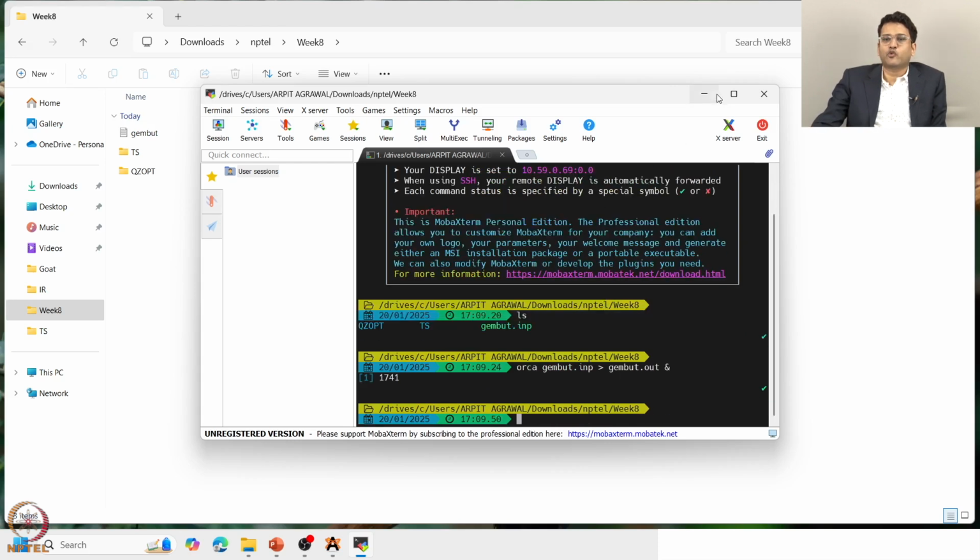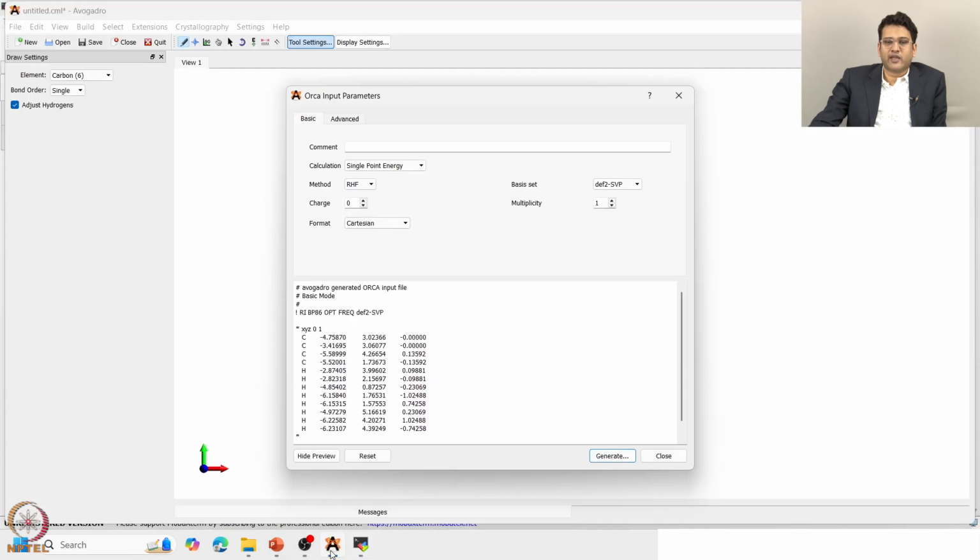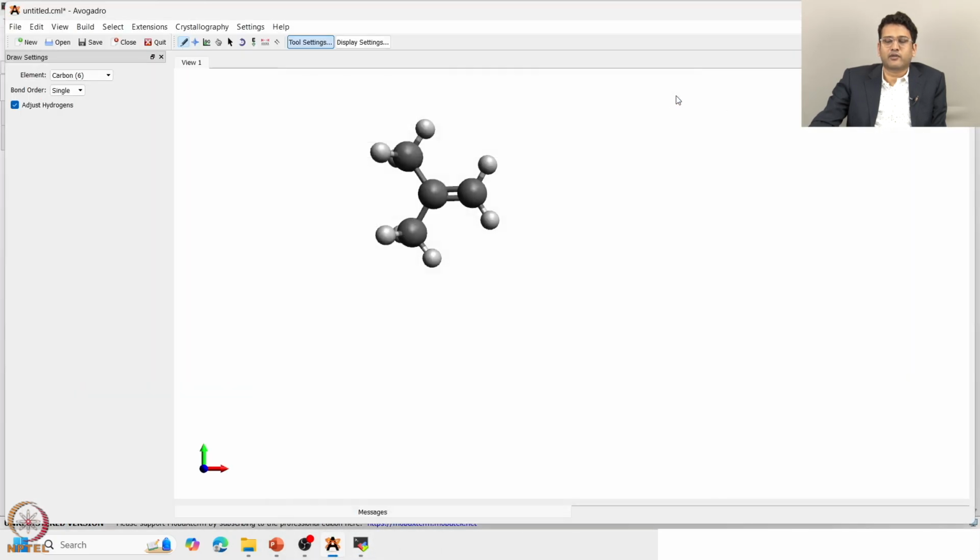Let me submit the job, and in the meantime I can generate the trans isomer.